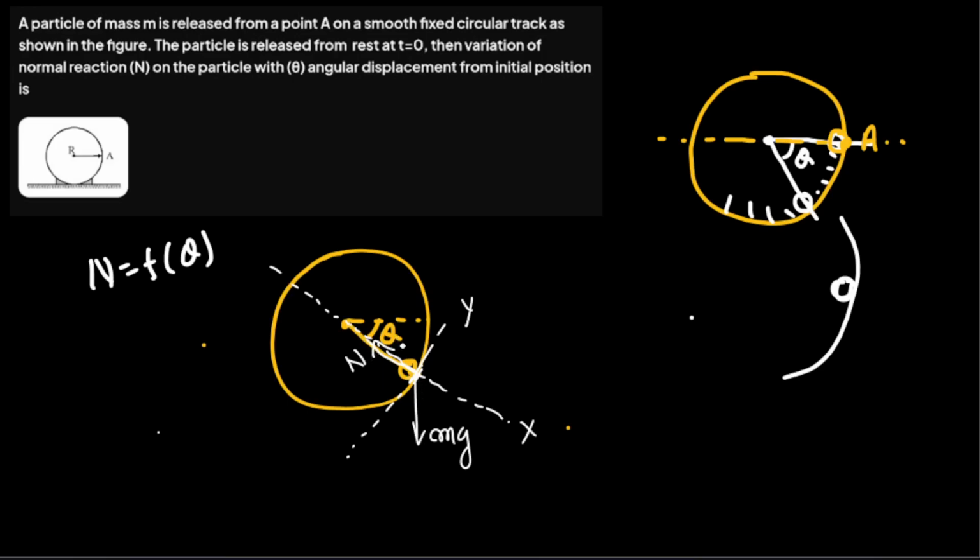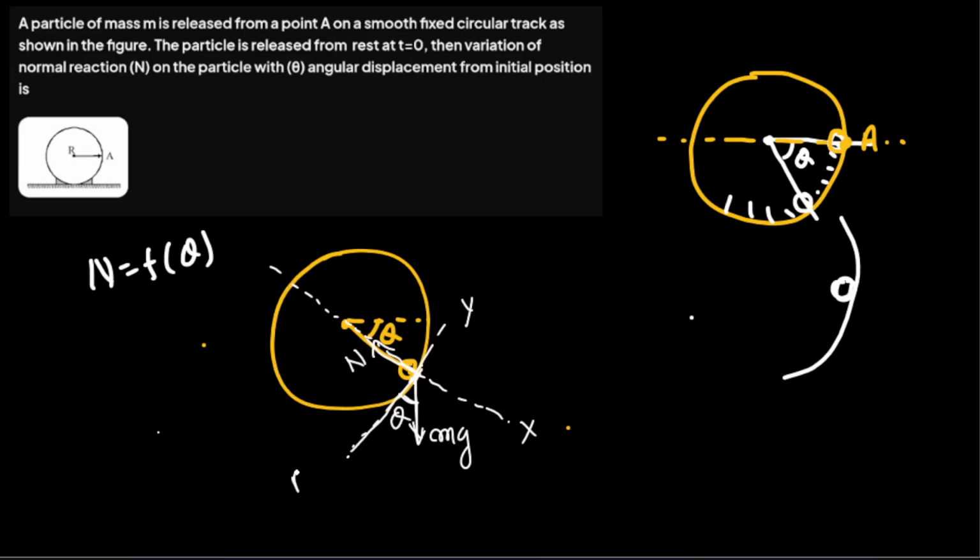mg, you break it. So this angle is theta, because theta is the angle between the horizontal and the radius vector, and this is perpendicular to the horizontal and this is perpendicular to the radius vector. We know that if the angle between two lines is theta, the angle between their perpendiculars will also be the same, that is theta. So here this is theta.